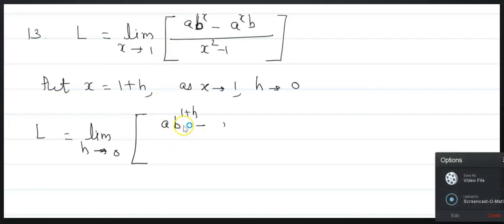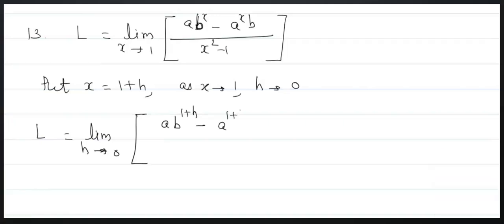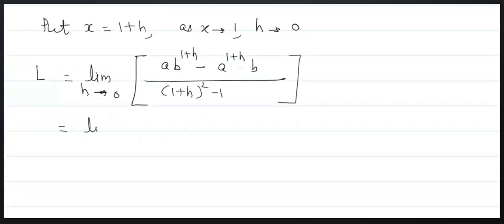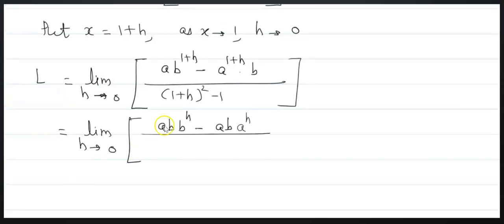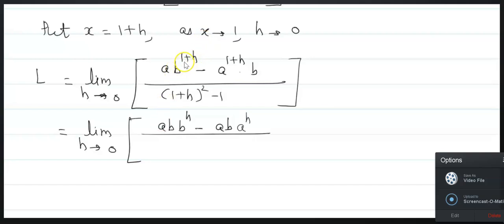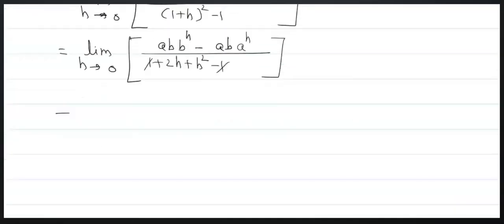Now here x is replaced by 1 plus h: ab b raised to h minus ab a raised to h, upon (1 plus h) square minus 1. Evaluate this, you will get 1 plus 2h plus h square minus 1.